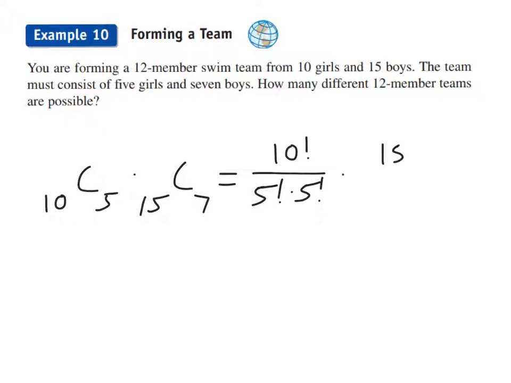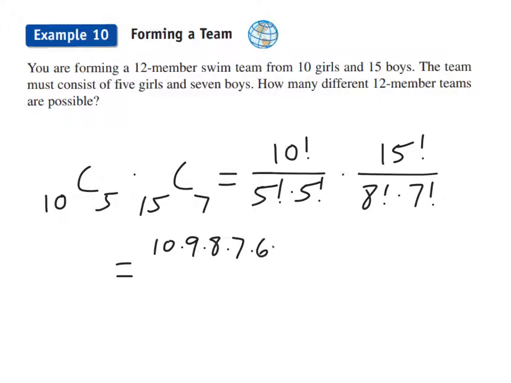This would be 15. Take away 7 would be 8 factorial. Going to need some room to number crunch here. We'll go 10 times 9 times 8 times 7 times 6. 5 factorial is 120.